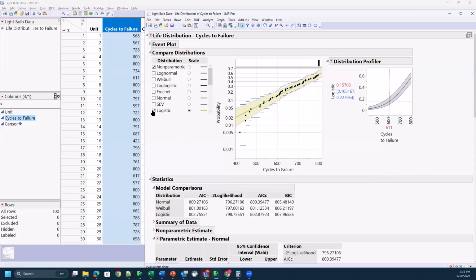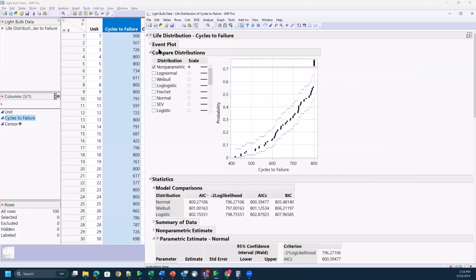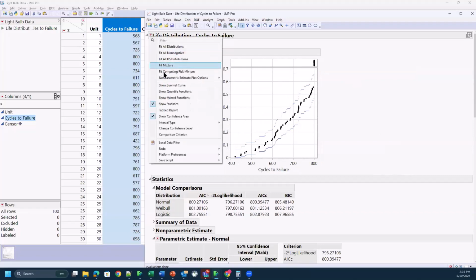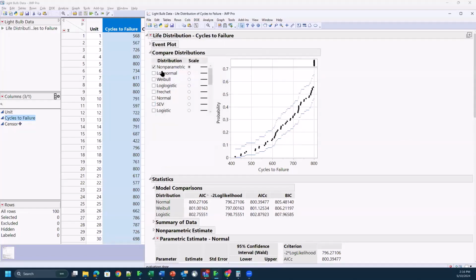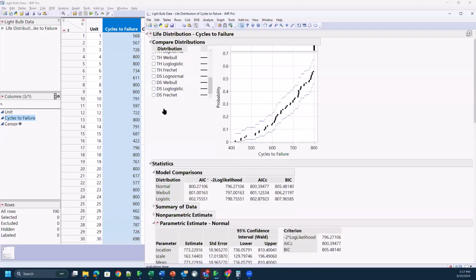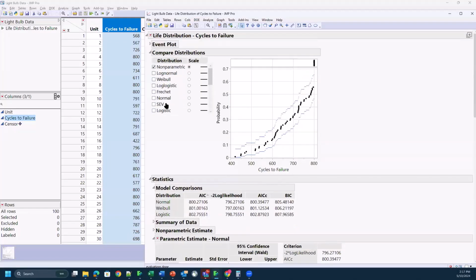Well, I'm going to turn that off for the logistic and set this back to non-parametric. And I'm going to come up here to the top and say, I want to fit all distributions. So JMP's going to go through and fit all of these. And there are some further down in the list that have a lot of different characteristics that people have decided are typical for some of the data they have analyzed.